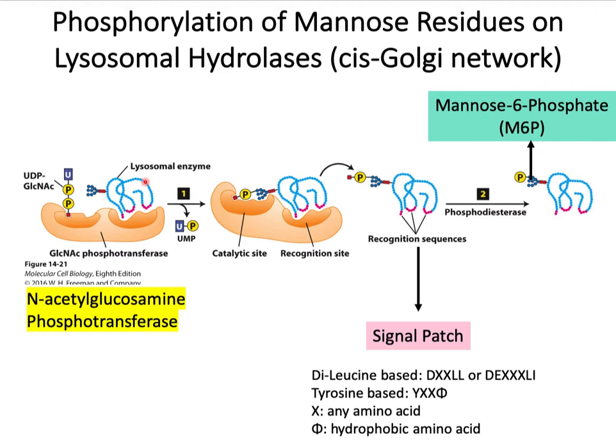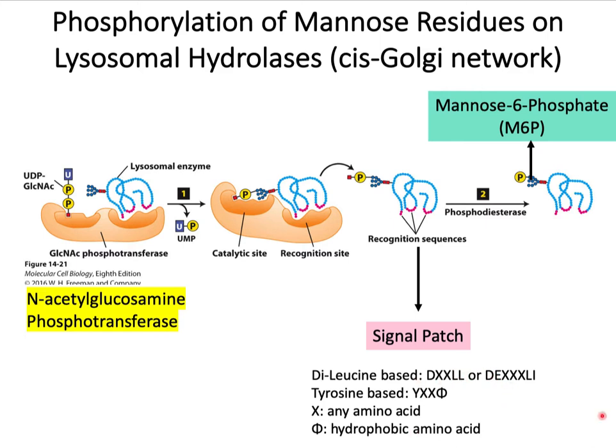The signal patches have two general motifs. One is dileucine based, which could be either DXXLL, where X could be any amino acid and L is leucine, or DEXXXLI, something like this. The other signal patch could be tyrosine based, which is Y, then any amino acid, and then phi, which shows that it could be a hydrophobic amino acid. So these are the signal patches that are found.